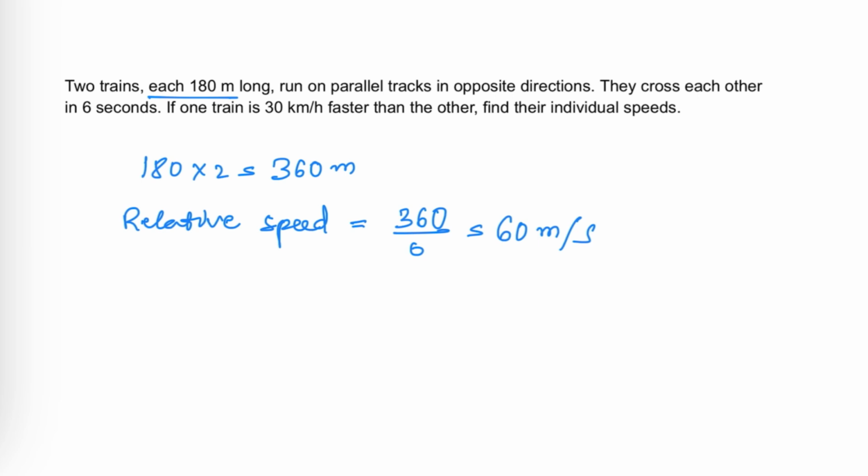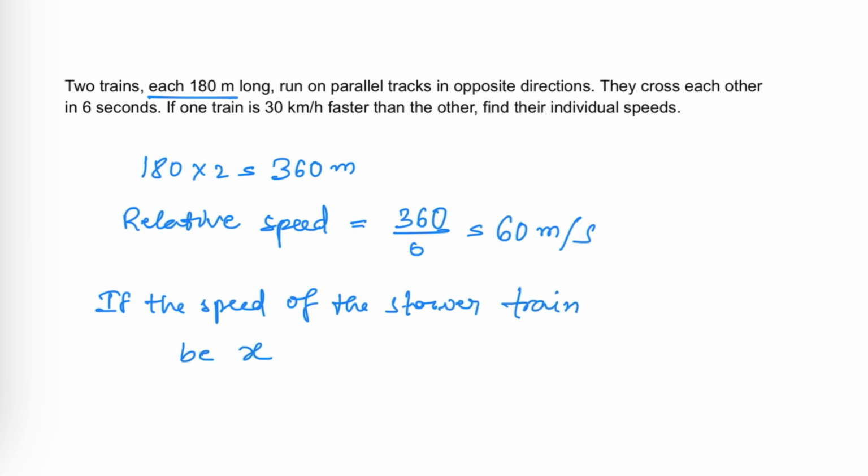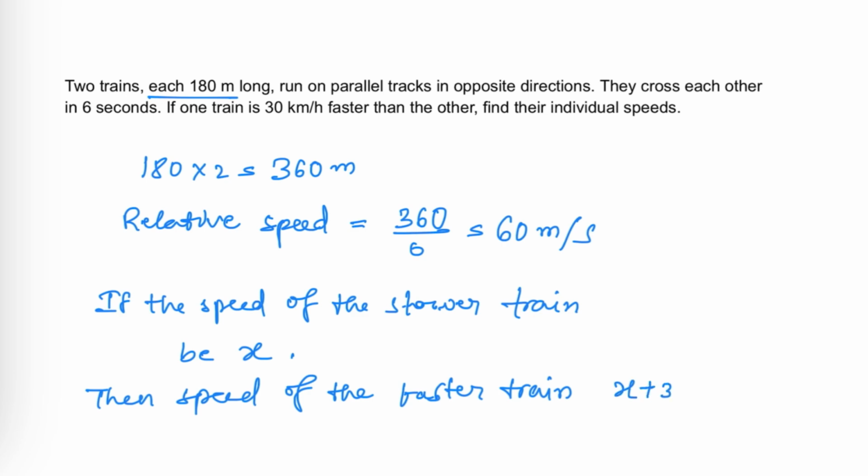Okay, so if the speed of the slower train be x, then the speed of the faster train will be x plus 30. Okay, this is all in kilometer per hour.